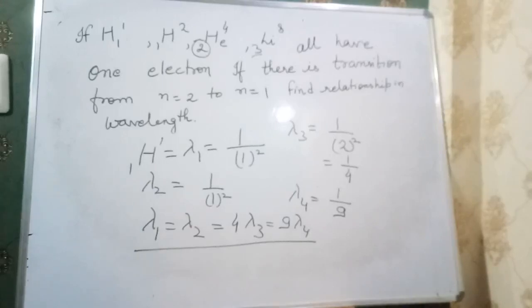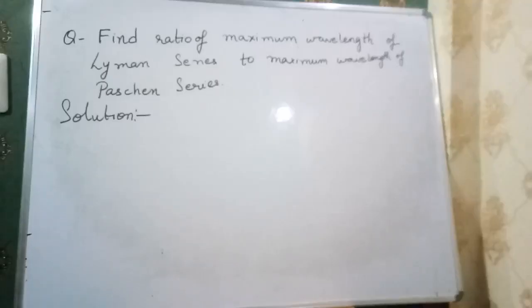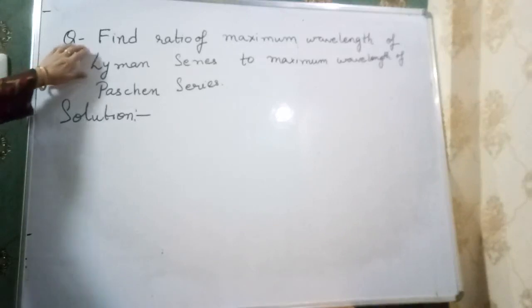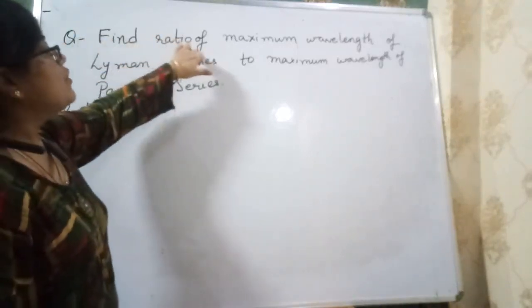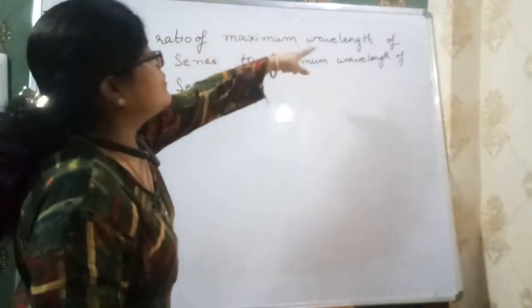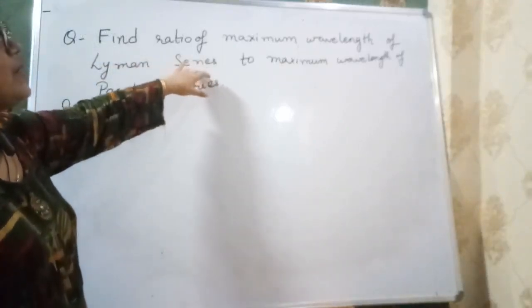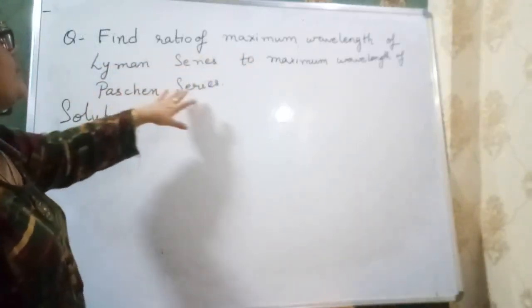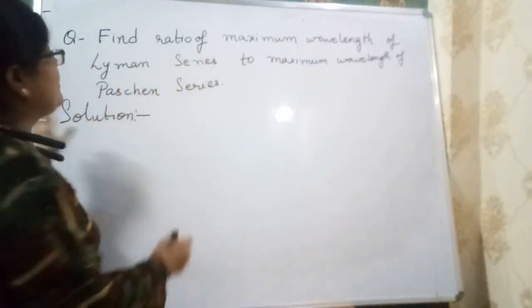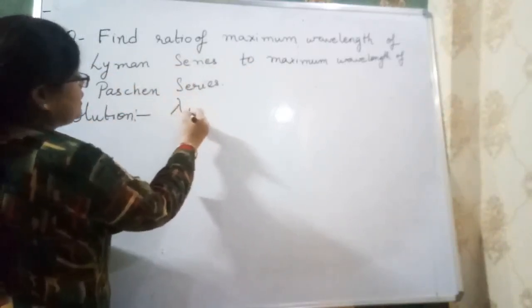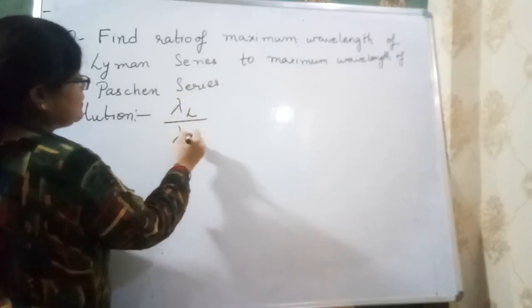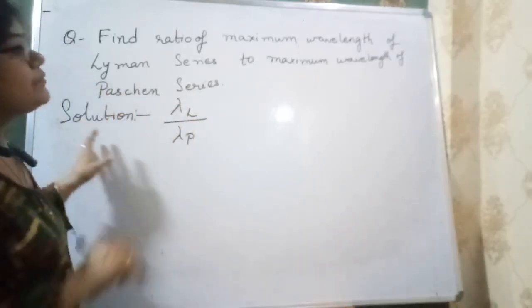So the next question is, students, see another question. Find the ratio of the maximum wavelength of the Lyman series to the maximum wavelength of the Paschen series. We have to find the ratio of the Lyman series and the Paschen series.